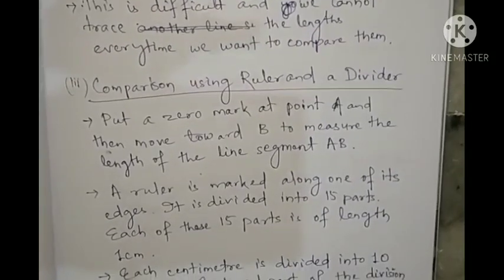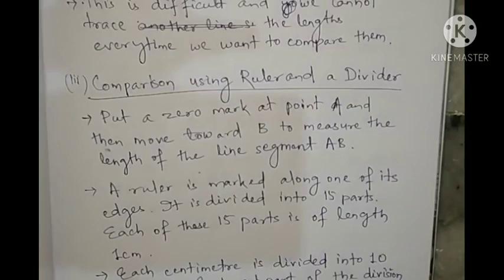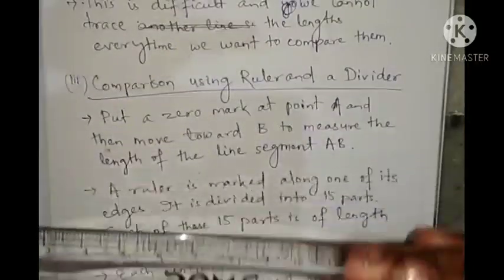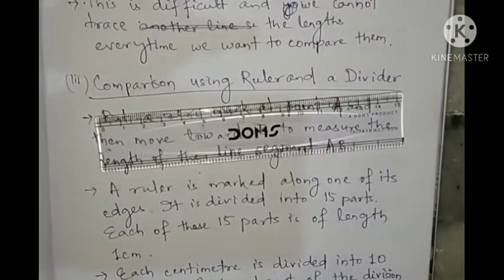A ruler is marked along its edges. You know this is the ruler. Here there are marks along its edges, and it is divided into 15 parts. Each of these 15 parts is of length 1 centimeter.